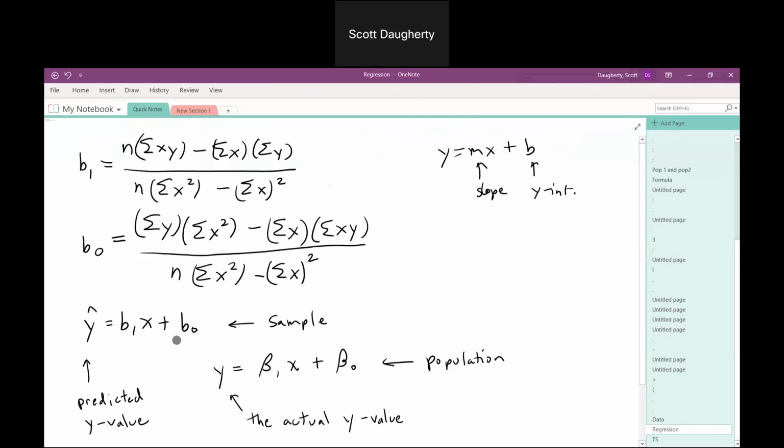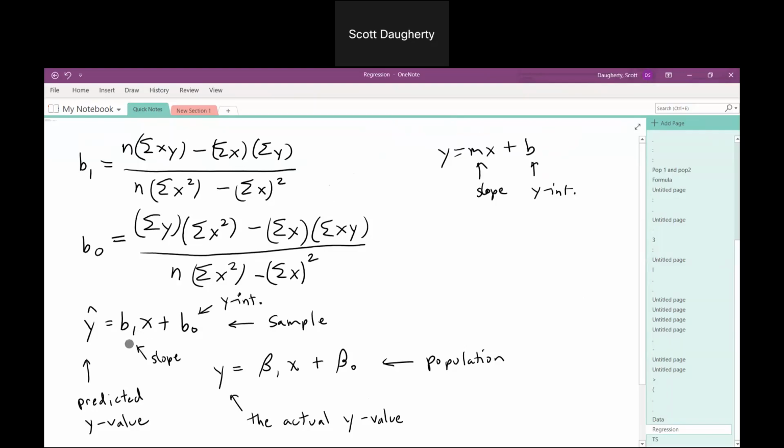Except we're not going to use m and b in statistics classes. If it's coming from a sample, the slope is called b1, and the y-intercept is called b sub 0.